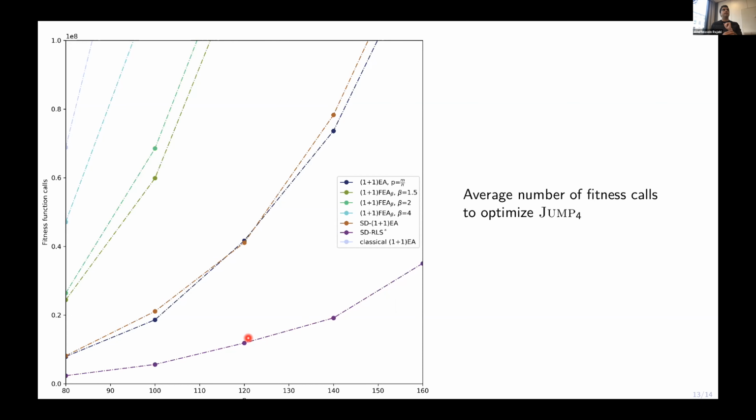Actually, we believe that for a constant size of the gap, the difference between the original stagnation detection and the new one would be e to the power of a constant, where the constant would be the size of the jump.